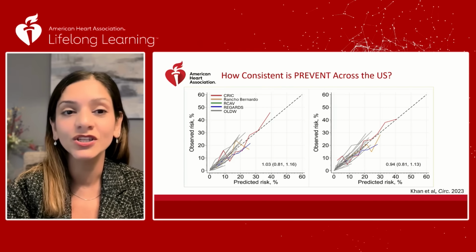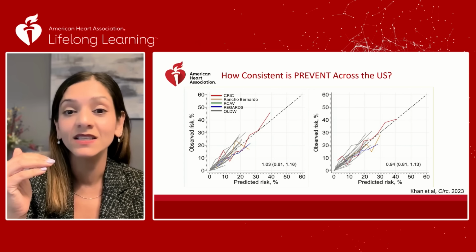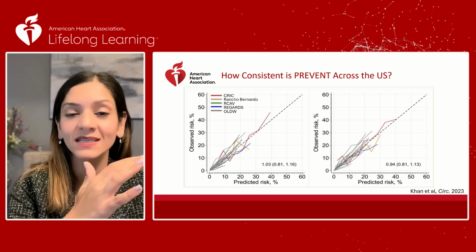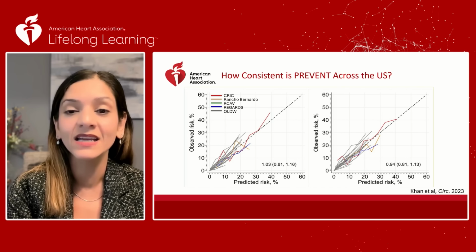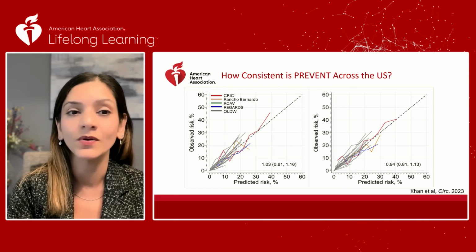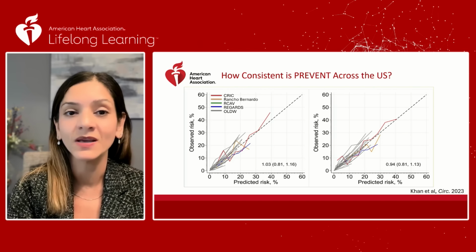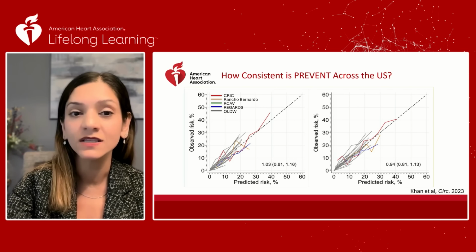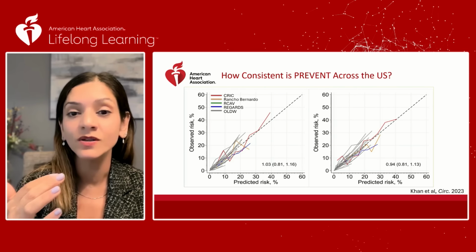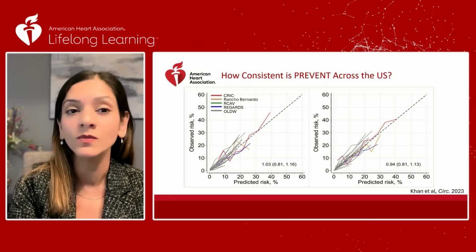These are calibration curves. You see on the x-axis is the predicted risk, and on the y-axis is the observed risk, and each line represents a data set. And you can see in the validation sample, both for males and females in the two panels, all of these lines hover around that perfect slope of 1, where the predicted risk matches the observed risk almost perfectly.